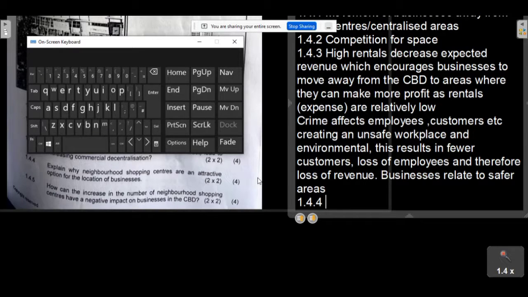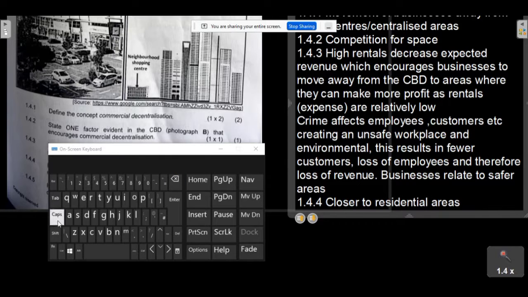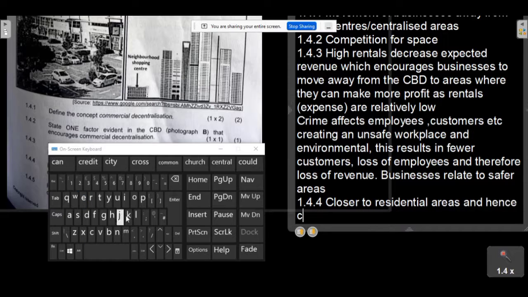So we are going to say these are closer to residential areas, where people stay, and hence convenient for customers.